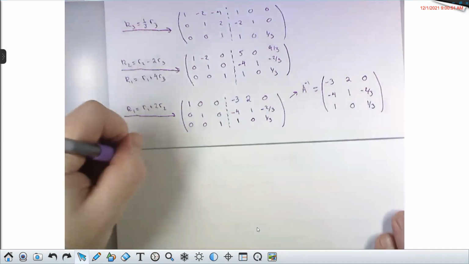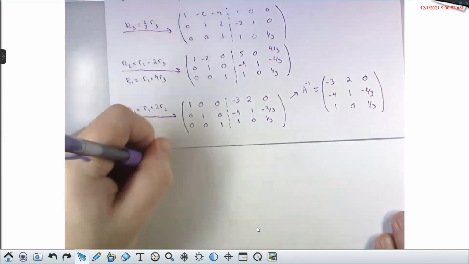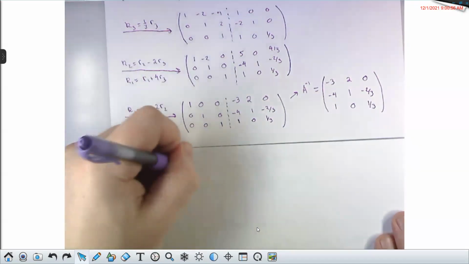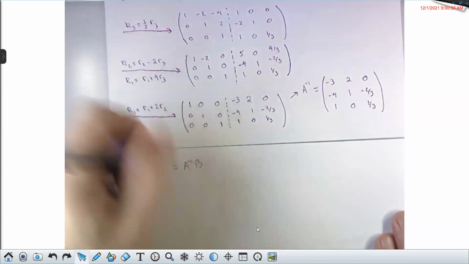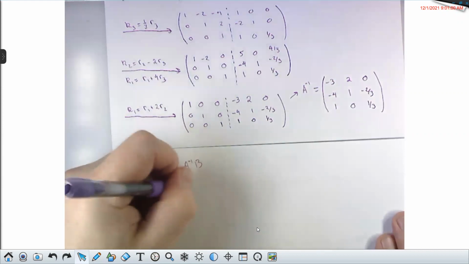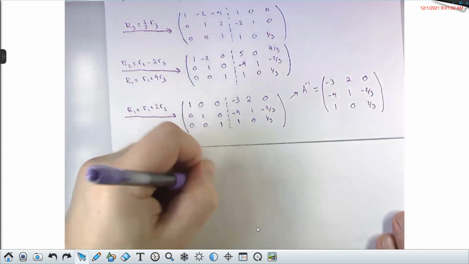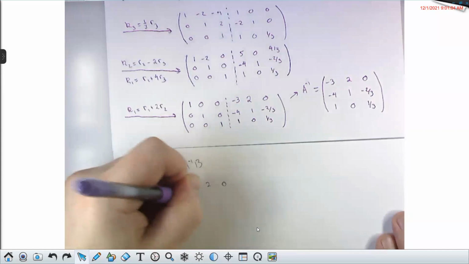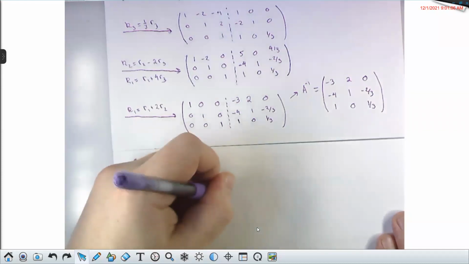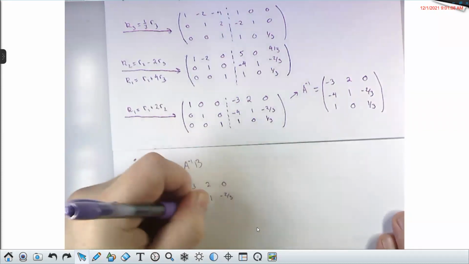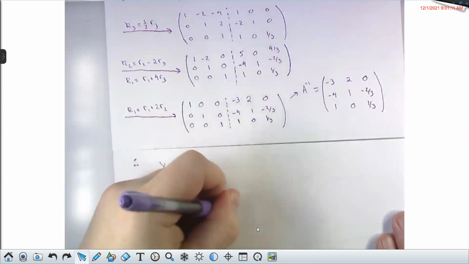So therefore, our matrix of solutions, X, we know will be A inverse times B, which is -3, 2, 0, -4, 1, -2/3, 1, 0, 1/3.